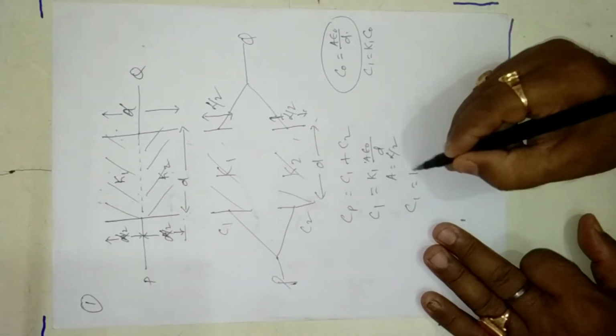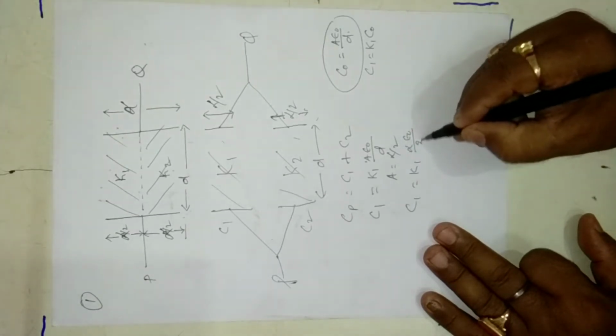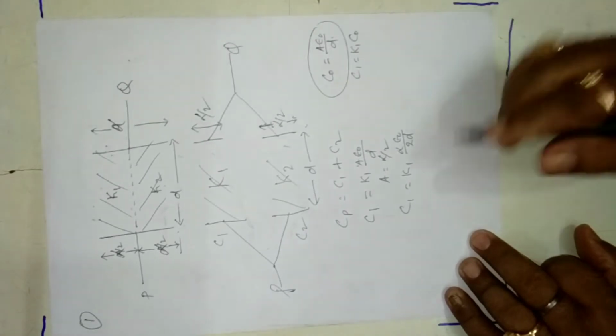Therefore C1 will be K1 alpha epsilon naught by 2D.